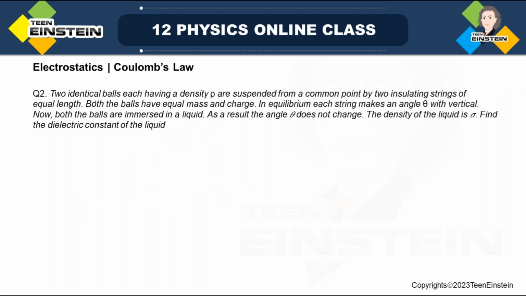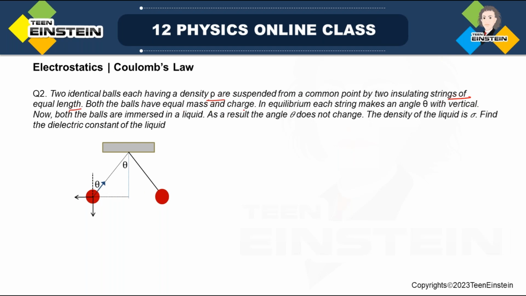In this problem, it is said that two identical balls, each having a density rho, are suspended from a common point by two insulating strings of equal length. The situation is something like this. These are two balls, and in the problem it will be stated that they are charged balls.